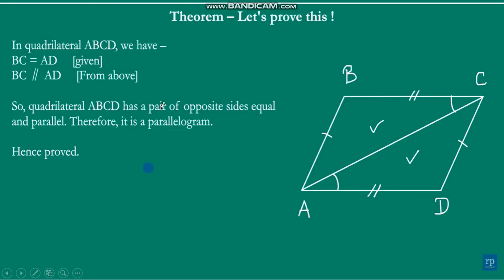So if any two opposite sides are equal and parallel in a quadrilateral, we say that it is a parallelogram. Now here BC is parallel to AD. We proved that BC is parallel to AD. Then quadrilateral ABCD has a pair of opposite sides that are equal and parallel. Therefore, it's a parallelogram. Students, I hope you can understand this. Hence, we can prove that.